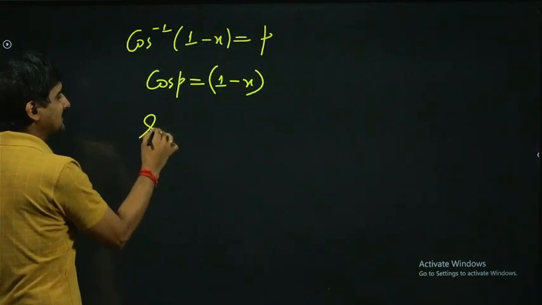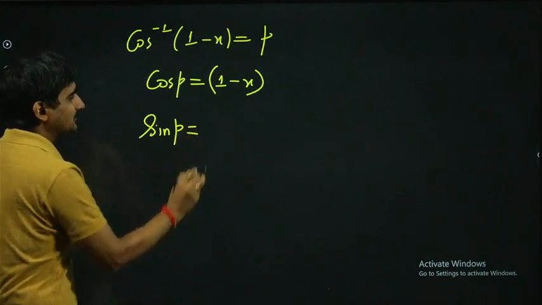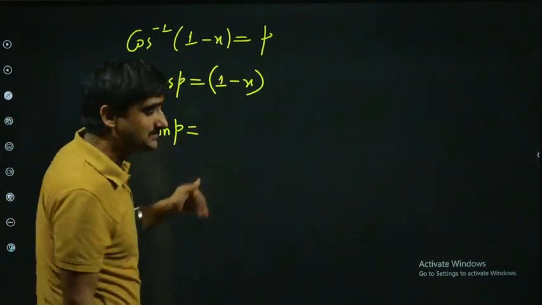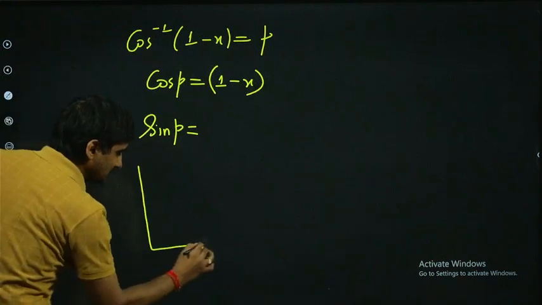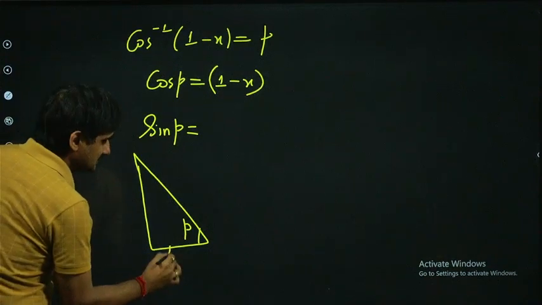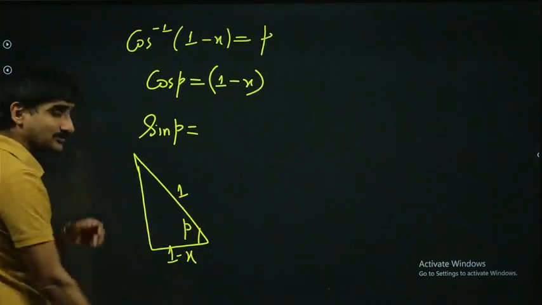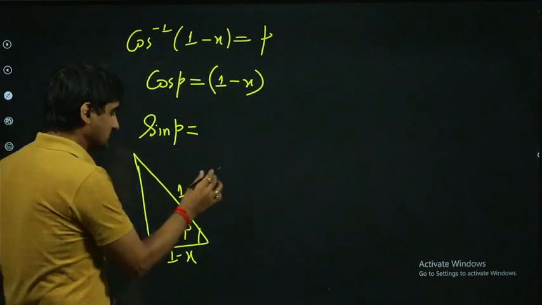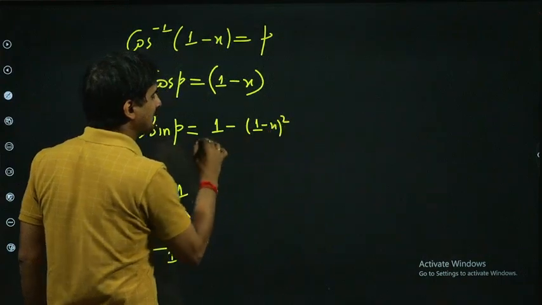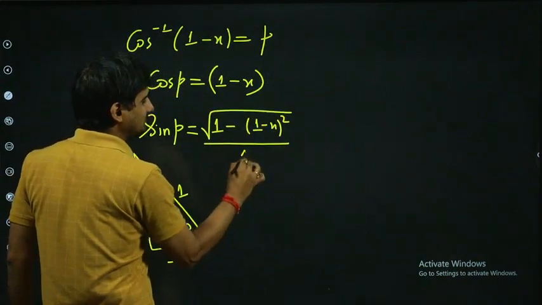Then from here I can write sin p as, so this is based upon hypotenuse and this is the opposite side, so we need the opposite side. If we complete the right angle triangle and assume this angle to be p, so base is 1 minus x and hypotenuse is 1, so opposite side is going to be root of 1 minus 1 minus x whole square, and hypotenuse is 1.